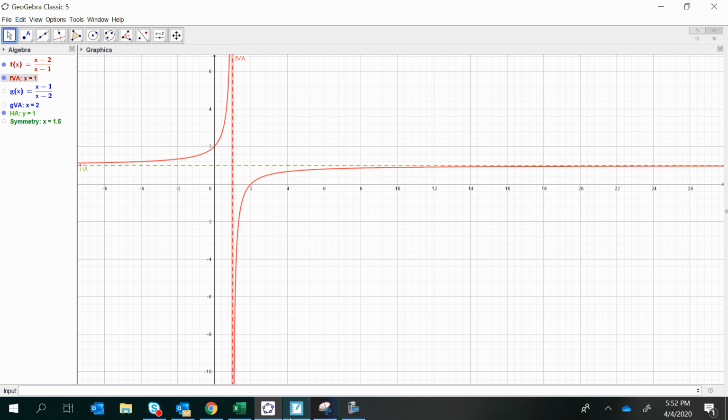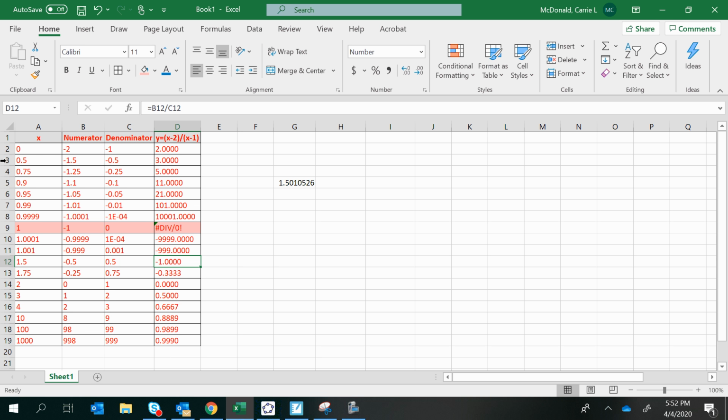So why is that happening? Well, let's look at the numerators and denominators. For x equals 0, if I plug 0 into the numerator x minus 2, I get negative 2. And if I plug 0 into the denominator, I get negative 1. So the quotient is positive 2, because they're the same sign.